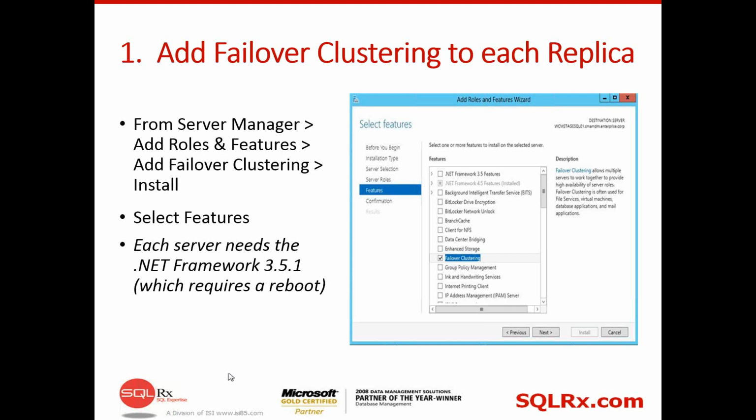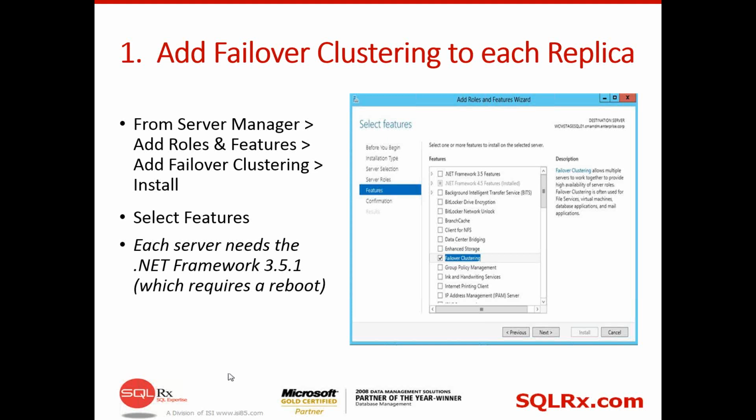Now, when you get to the Select Features page, you want to select Failover Clustering, the checkbox to install that. And if you don't already have the .NET Framework 3.5.1 or greater, go on and install that as well. You'll proceed next through the wizard and then finally tell it install. Again, you need to do this on all of your replicas.